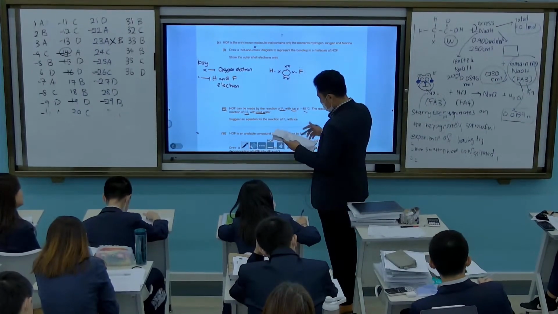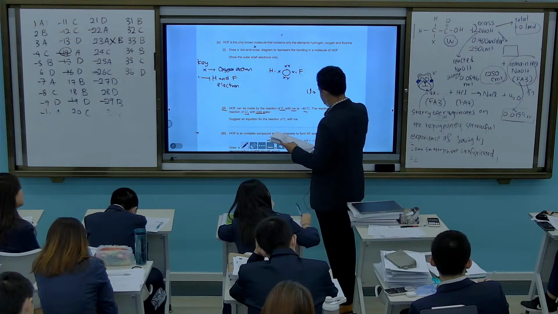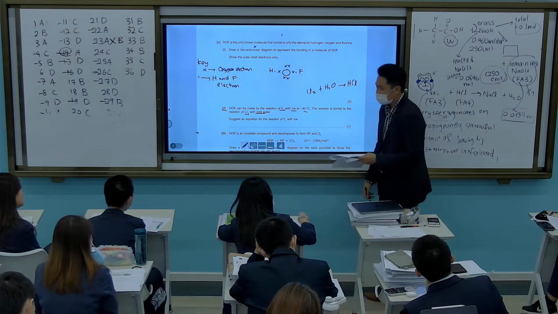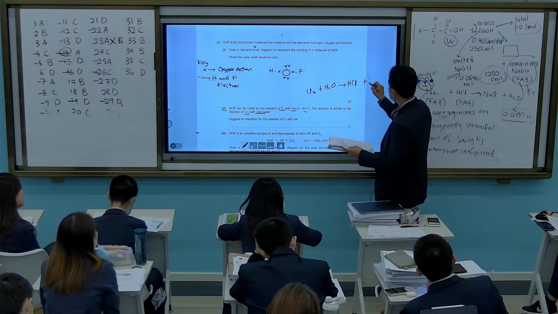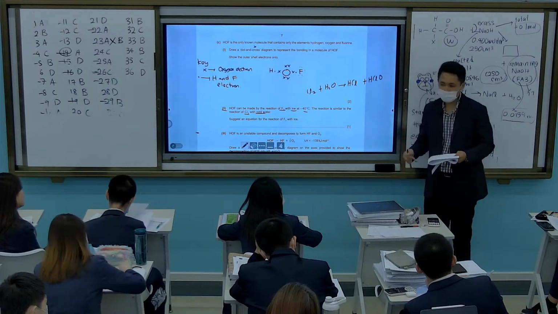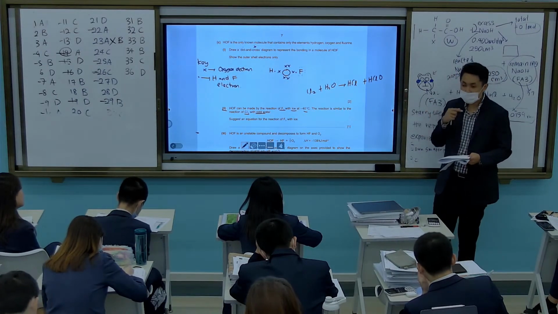Cl2 plus H2O, what would you get? You get HCl, and then another compound that you get here is HClO. This is in your group 7, so you must remember this equation.